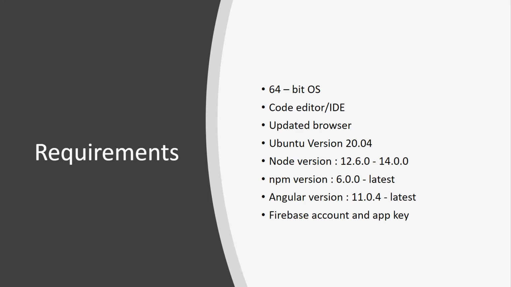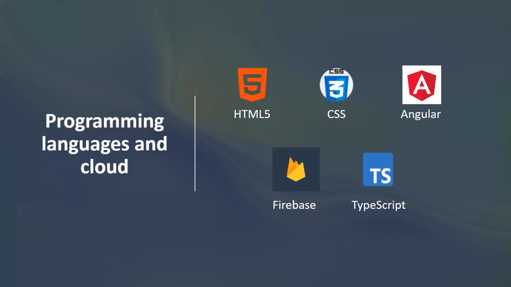The latest version could be fine too, and NPM version 6 or later, Angular version 11, and the latest version is 13. You can use that. And we need a Firebase account to locally host your app and access the localhost and your app key.